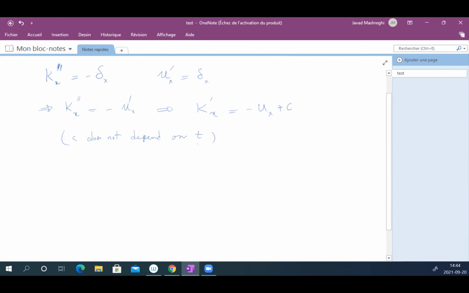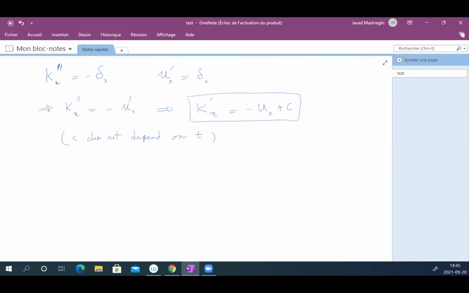There is another difference here. Even though k x prime is equal to minus u x plus a constant is again an ordinary differential equation for distributions, from now on we can treat it as the differential equation that we know. k x prime is a well-defined function, u x is a well-defined function, so it is a regular ODE.